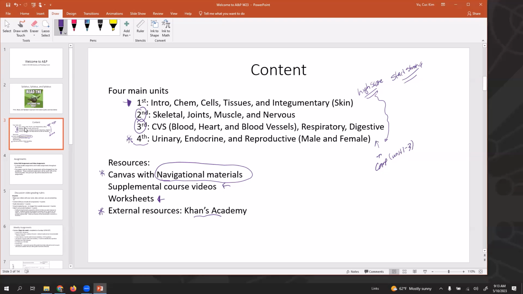Okay. So what I can do is find some tutorial videos on how to make videos for you to watch. There are a lot of different ways in which you can make videos. One is, if you have a smartphone, you can record yourself with your cell phone. Two, you can also record yourself on Canvas.